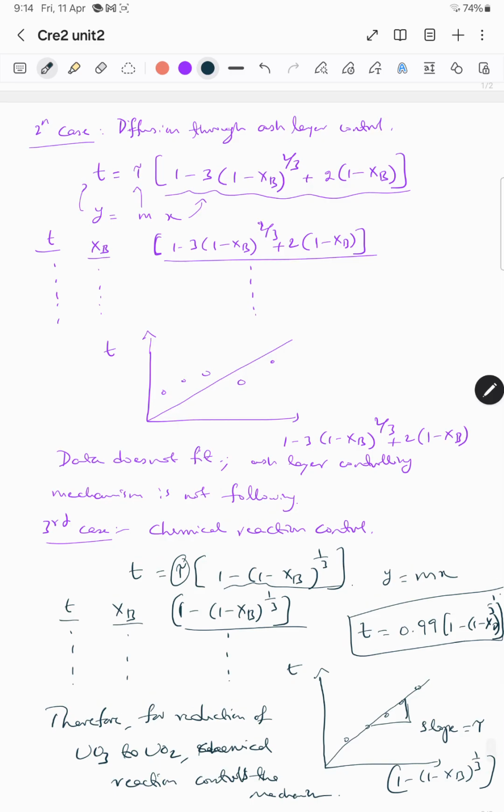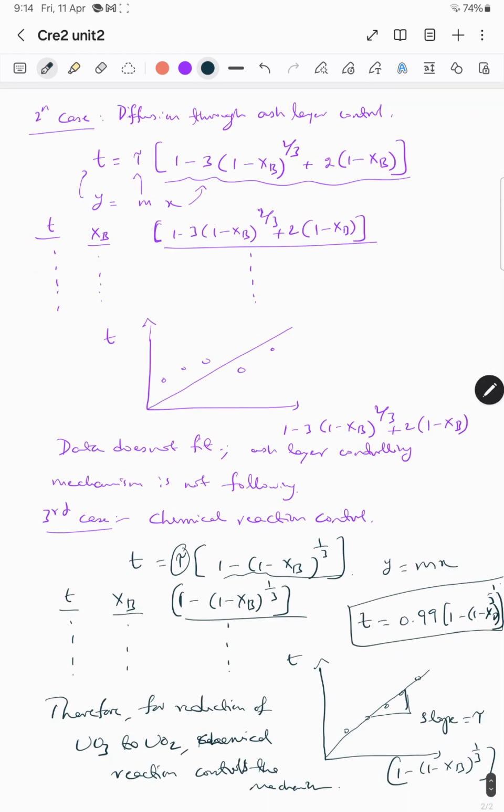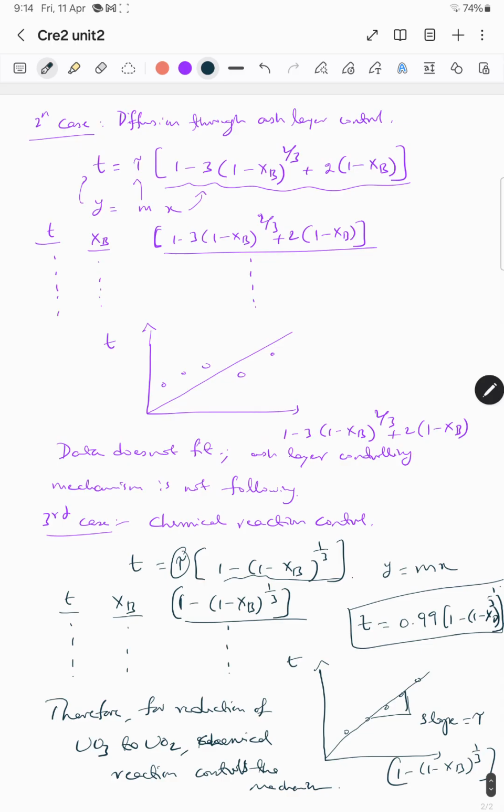In the question it is asked to find the controlling mechanism and the rate equation. Finally we got that the controlling mechanism is chemical reaction control, and the rate equation is t equal to 0.99 into 1 minus (1 minus xb) to the power of 1/3.